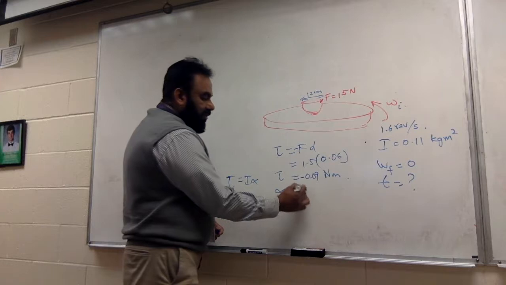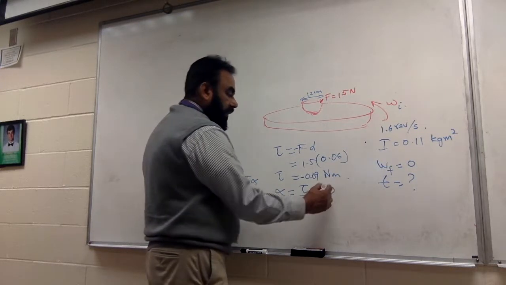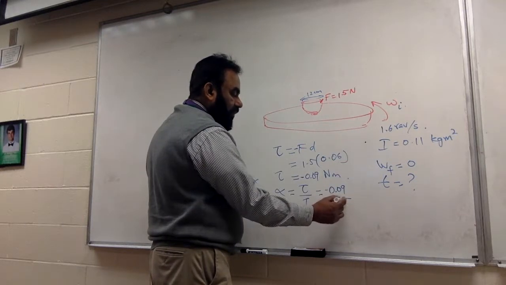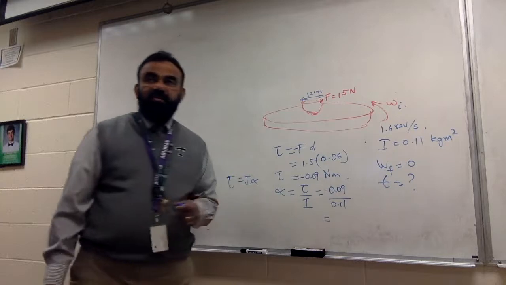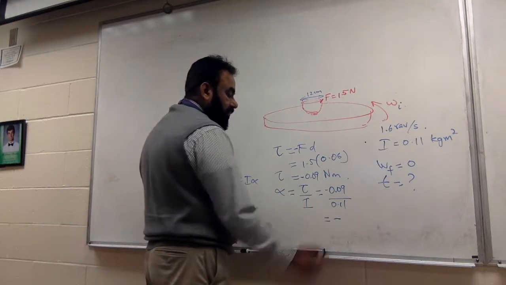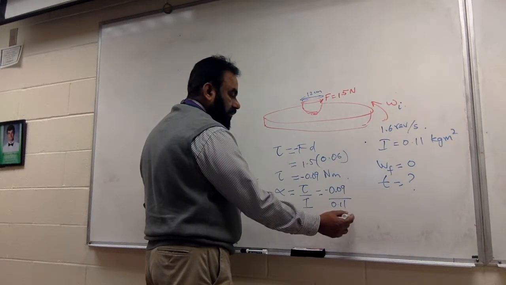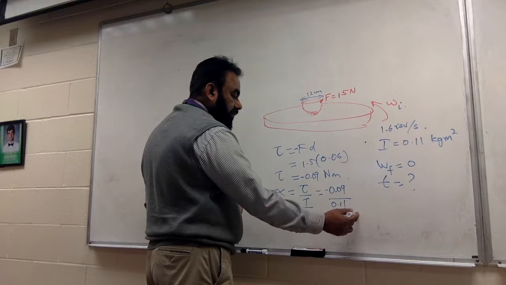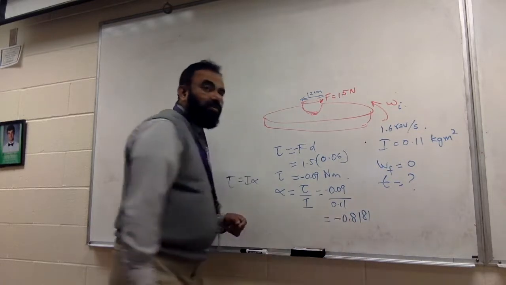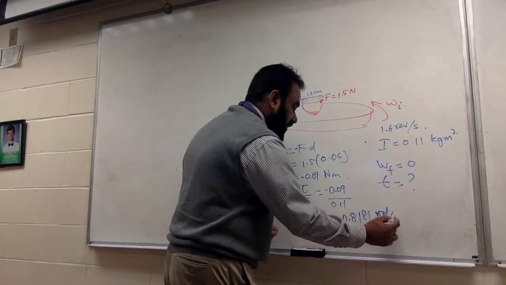So alpha is torque over I, which is negative 0.09 over 0.11. That's going to be the angular acceleration. It will be a negative answer, negative 0.8181 radians per second squared.